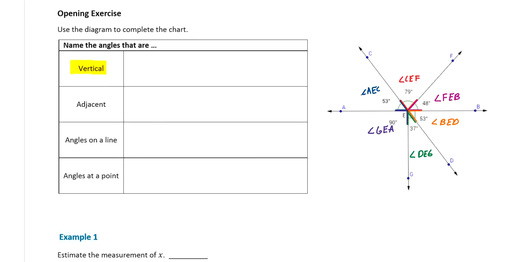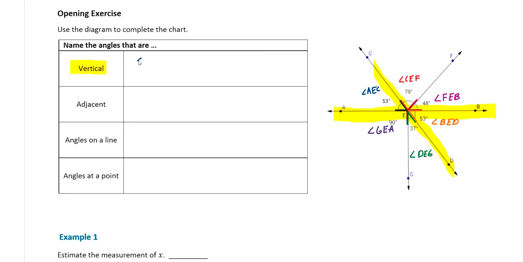Let's see, so they have to share the same line. So I notice here how angle AEC is made up of line CD and AB. I also notice that angle BED is made up of those two lines.